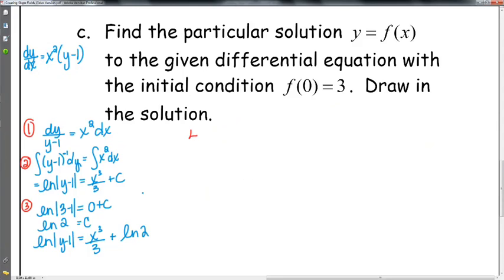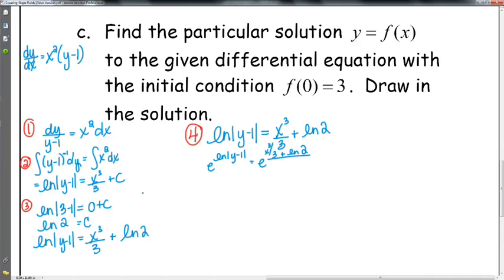Our fourth step is to solve for y. My first step is, to get rid of the ln, I'm going to raise it to the e. Now I'm going to simplify my exponent over here.